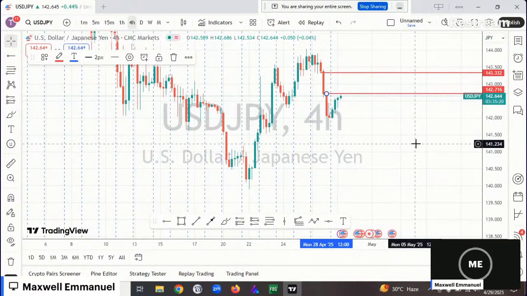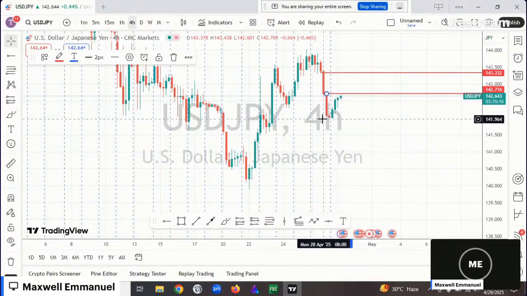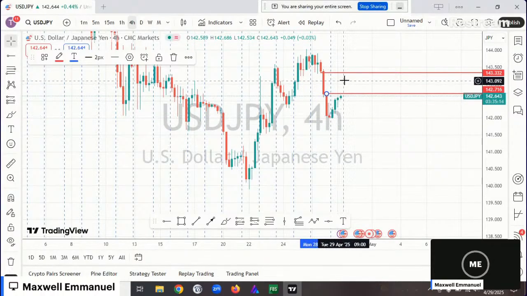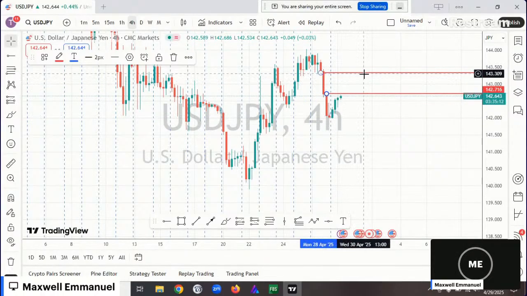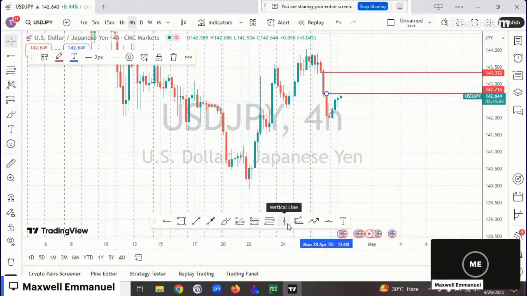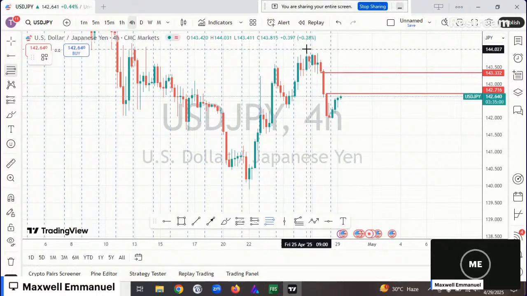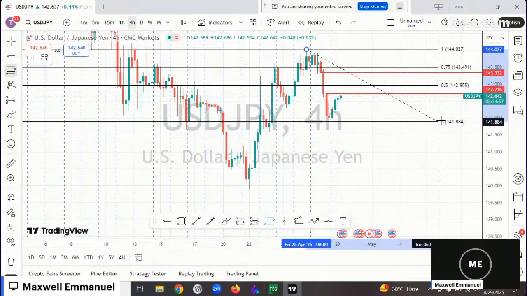Remember I said yen is weak, so you could see buys on UJ into this zone. Because if you apply your Fibonacci from this swing high to swing low, let's take it from this point, you would see that price is at discount.